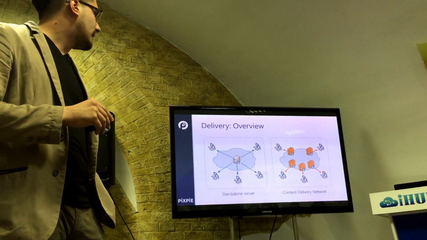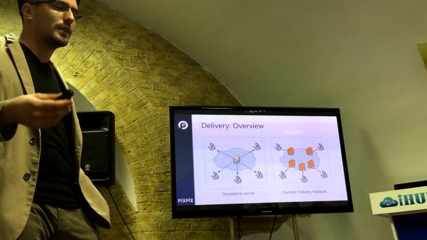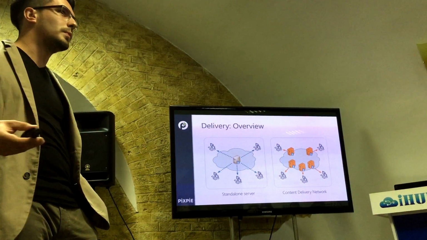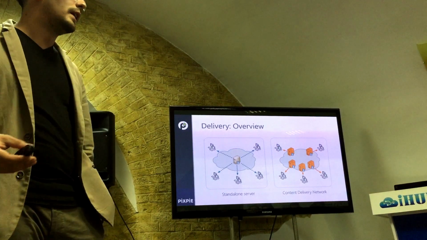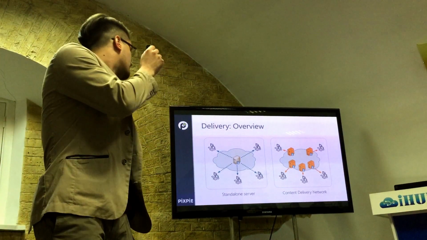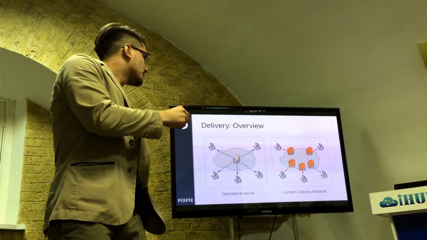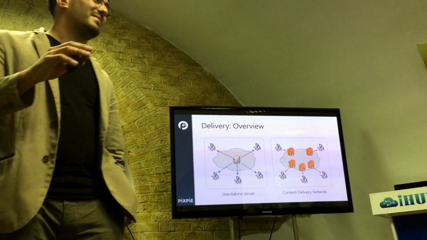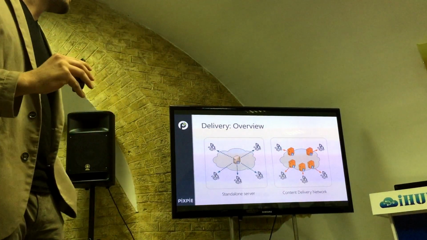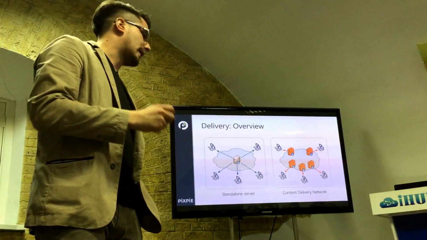The benefits of the CDN are, as we said, performance and high availability. In case the closest server is down, you will still get the content, maybe with a little delay, but your user will get it.